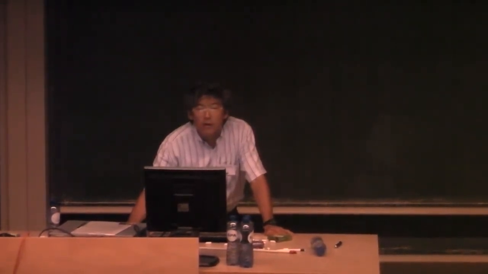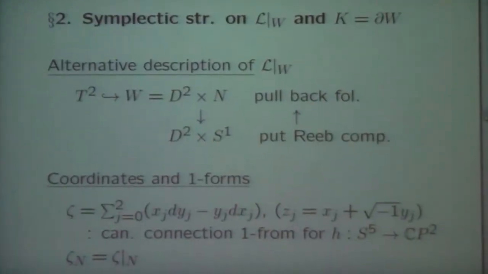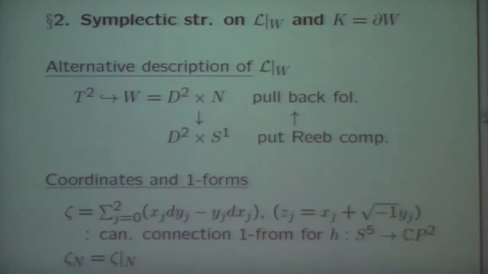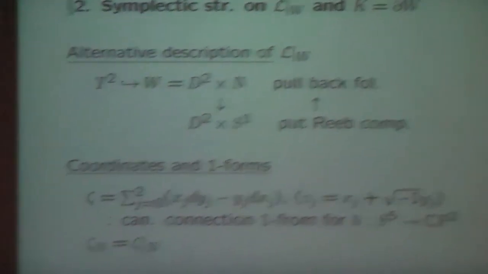So next, let's look at the symplectic structure. First, I briefly explain that the foliation on the tube component quite easily admits a symplectic structure.